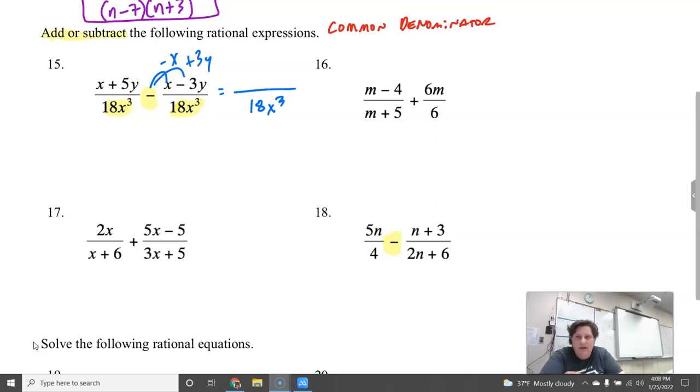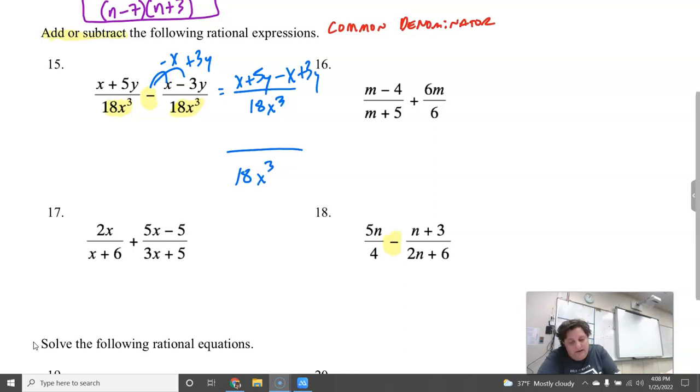So I'm going to end up getting x plus 5y minus x plus 3y when I distribute the negative.